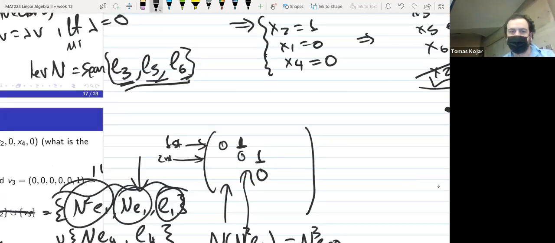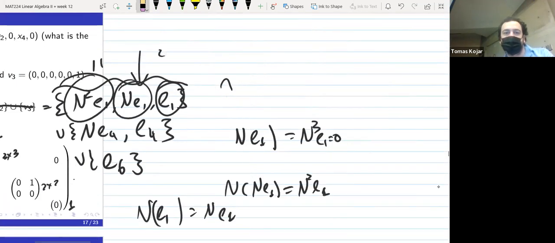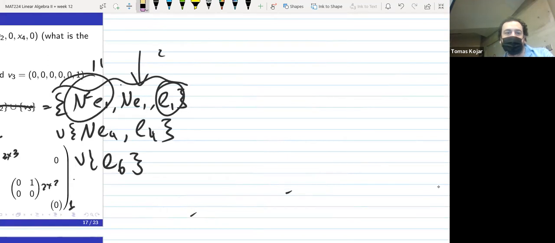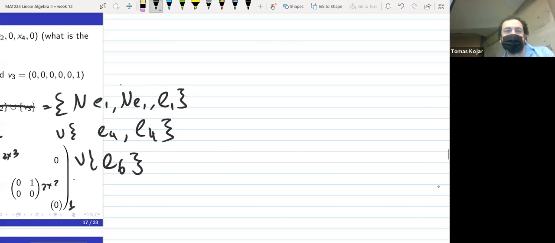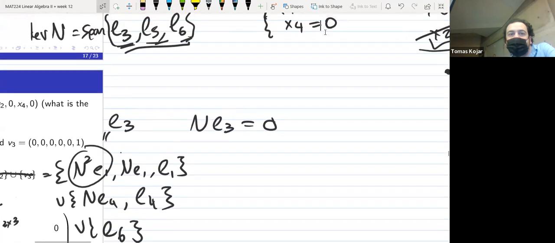Yes. And let me clean this up and explain. So E6 is in the kernel, and we had n of E6 is 0 because it's in the kernel. N squared of V1 was E3, that's how we obtained it. But n of V3 is again 0 because it's in the kernel.